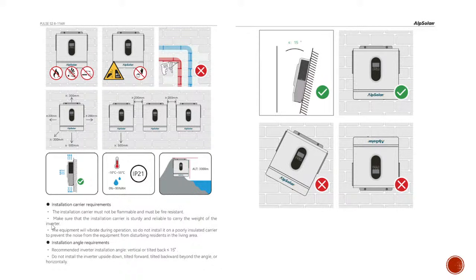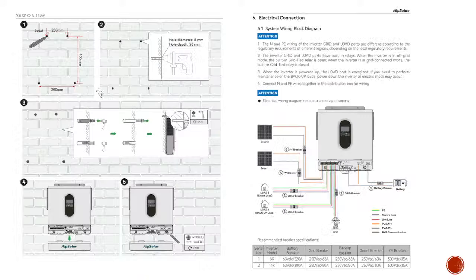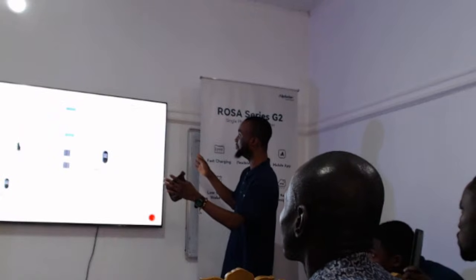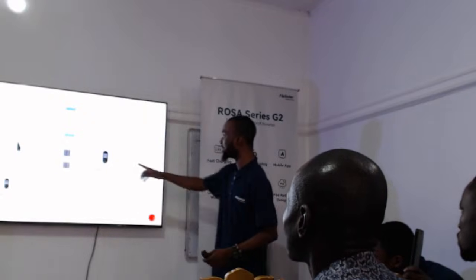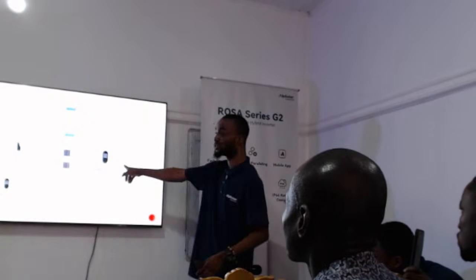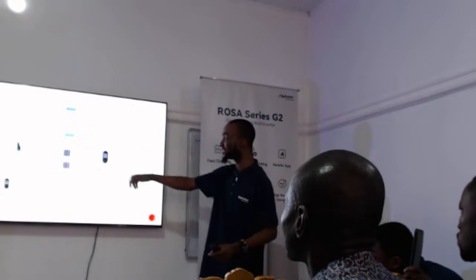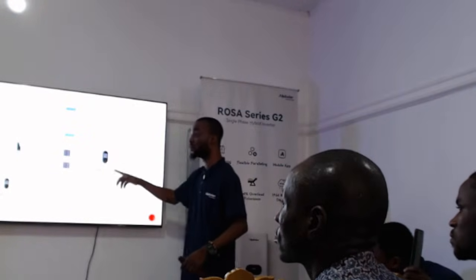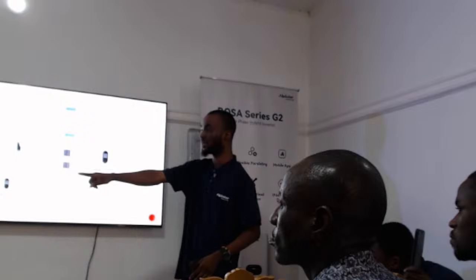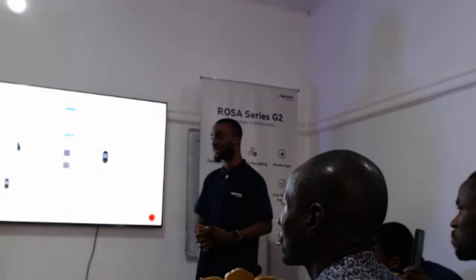So this is just the installation process, how you're going to build your wall and mount it. And then this is the normal connection diagram. You can see for our S3 inverter that has 2 PV, each PV has its own separate breaker, and then the load too. This is our 6 kilowatt inverter. This is not S2, see that they look similar.